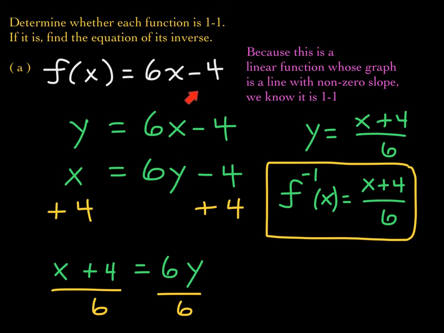See over here, you see minus 4, plus 4. Multiply by 6, divide by 6. Isn't that interesting? f inverse will undo everything that f did, right? All the operations that f performed on your input, f inverse will undo all of those operations in the reverse order. All right, let's find another inverse function.